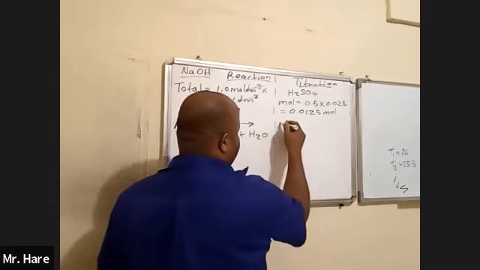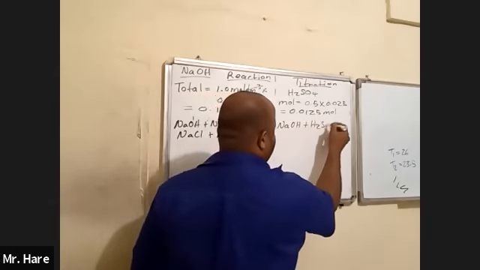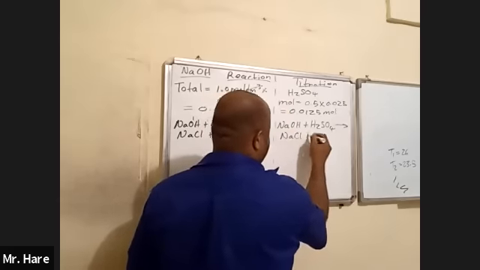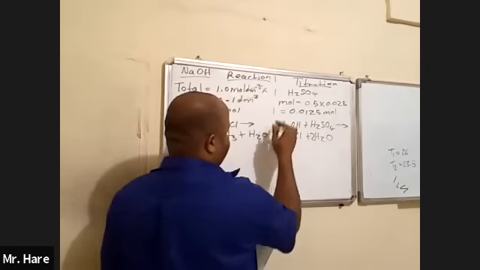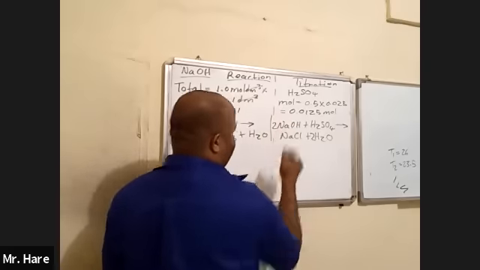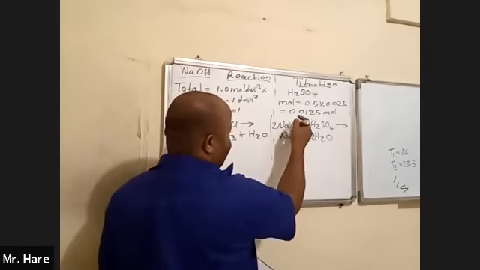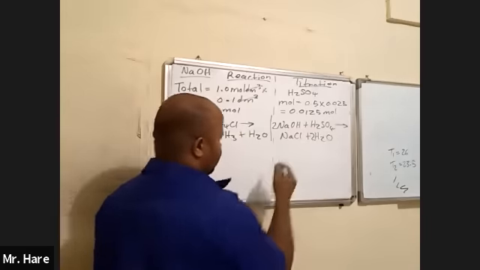So again, we need a balanced equation. Sodium hydroxide reacts with sulfuric acid, acid and base, to get salt and water. This time, it's a 2 to 1 mole ratio. So 2 moles of sodium hydroxide, 1 mole of sulfuric acid.